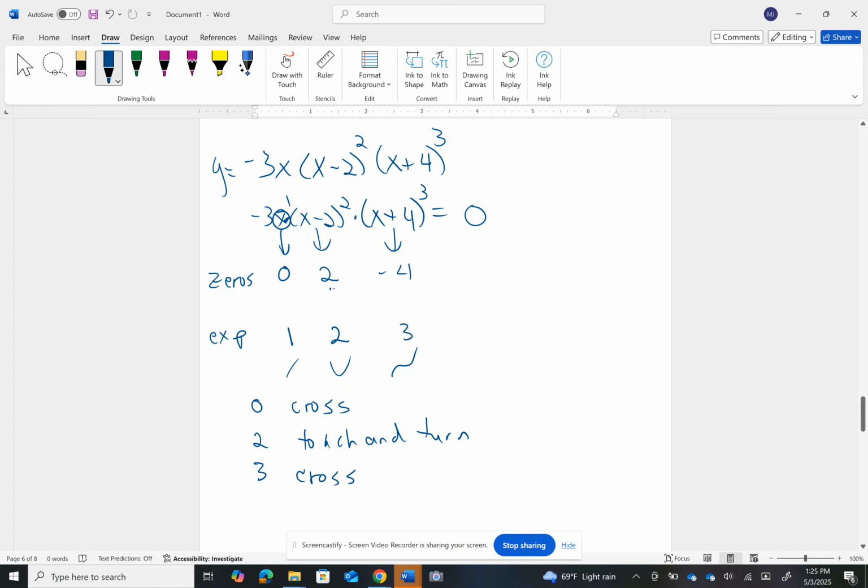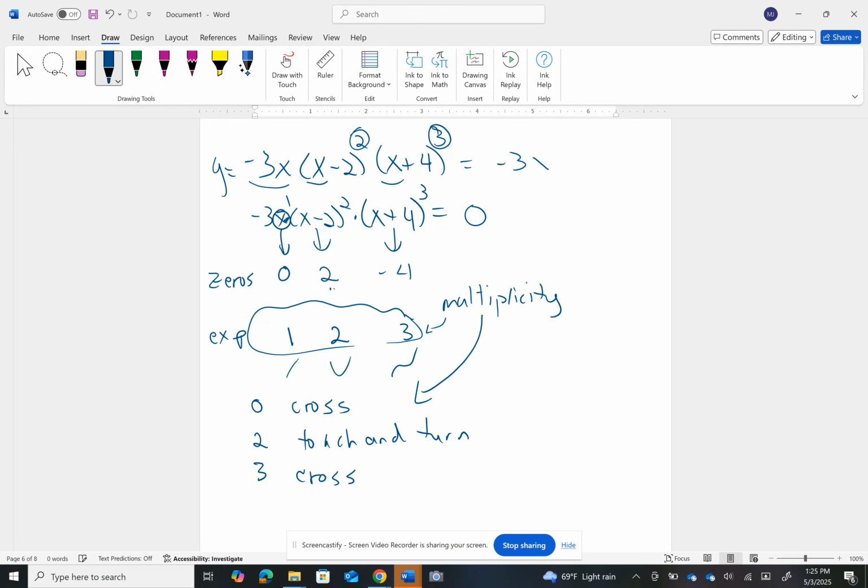Okay. All right, and then there was a previous objective on end behavior. I can touch on that here. This is the issue of multiplicity, like how many times your factor occurs, what the exponent on the factors would be. That's what determines the behavior at the zeros. But if I were to multiply out this function and get the leading term, then it would turn out to be a negative 3x to the 1, 2, 3, 4, 5, 6 to the 6th power, and then there'd be a bunch of other stuff.